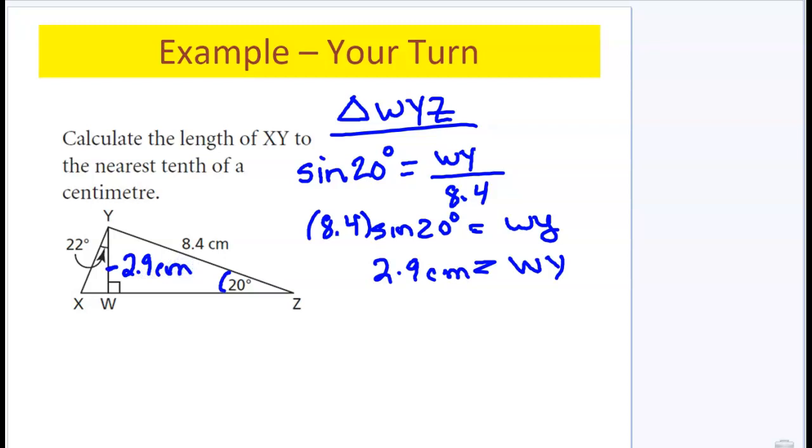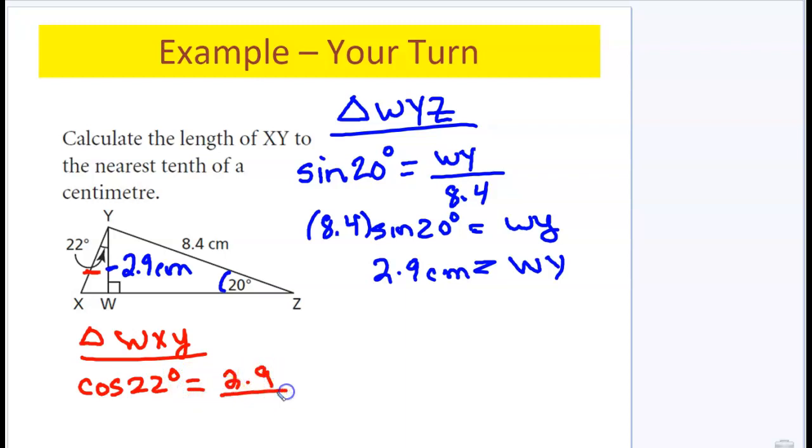So now I have enough information to figure out side XY. So now I'm dealing with triangle WXY. Okay, I know angle 22. 2.9 is adjacent. I'm looking for the hypotenuse. So again, the cosine of 22 degrees is going to be 2.9, which is the adjacent, over XY, which is the hypotenuse.